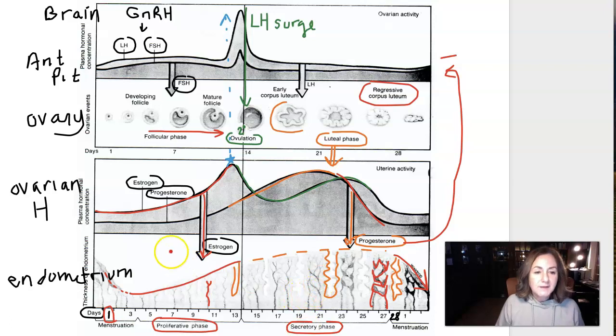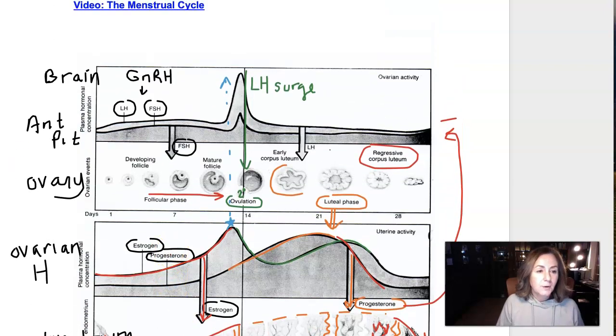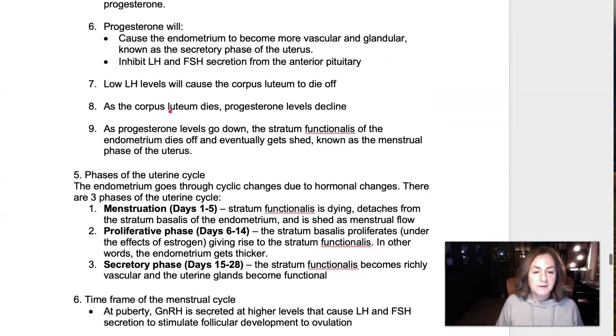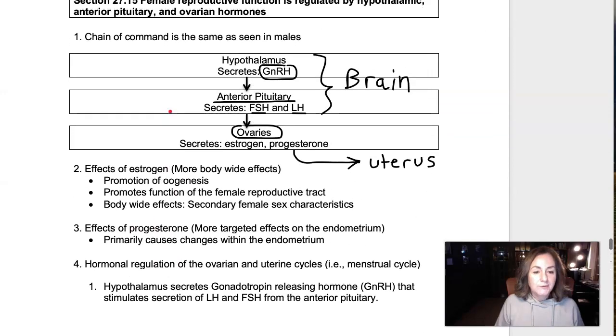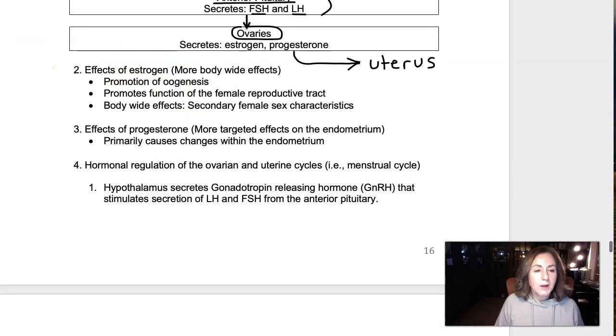So let me show you what I did in the notes. In the notes, what I did is I wrote out the effects of estrogen, the more body-wide effects, because it has a lot of effects on oogenesis and the uterus.